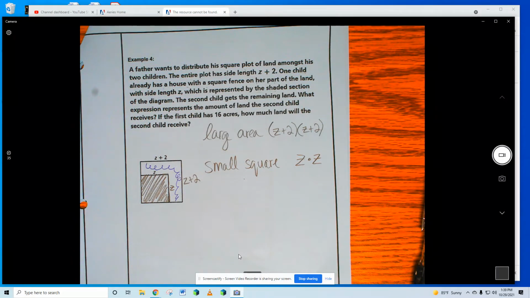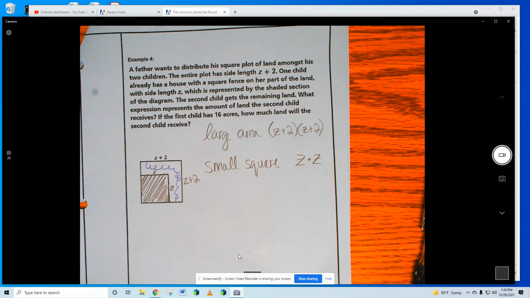Any thoughts? The whole thing, but she got the shaded. He gets the extra. Z plus 2 plus the other Z plus 2, I guess. Add them together? And multiply them to find the area. You're on the right track.